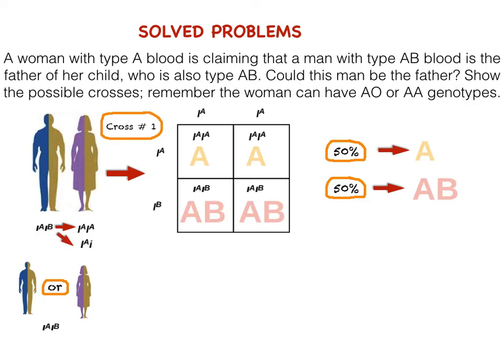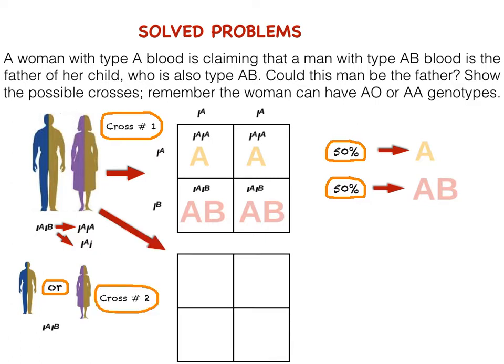If the woman is, however, a heterozygote for the A, then let's do the cross, and this is cross 2. You can see that again the man's genotype on the left side, IA and IB alleles, and the woman in this case will have an IA and a small i, that is the blood type O allele. So in this cross they can have a child who is homozygous for the A, in other words an A blood type child, another A blood type child because i is a recessive allele, right?